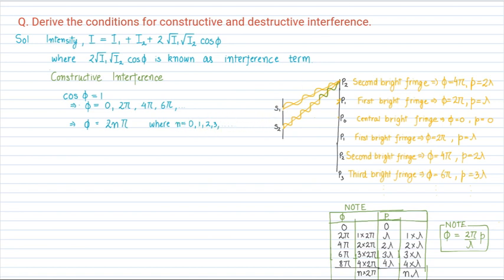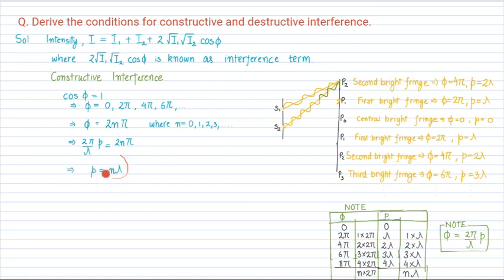Fine. So using this expression here, I can write 2 pi by lambda times p equals twice n pi. Now from here I can cancel 2 and I can cancel pi, and I can send this lambda to the other side. In that case my path difference p equals n lambda.